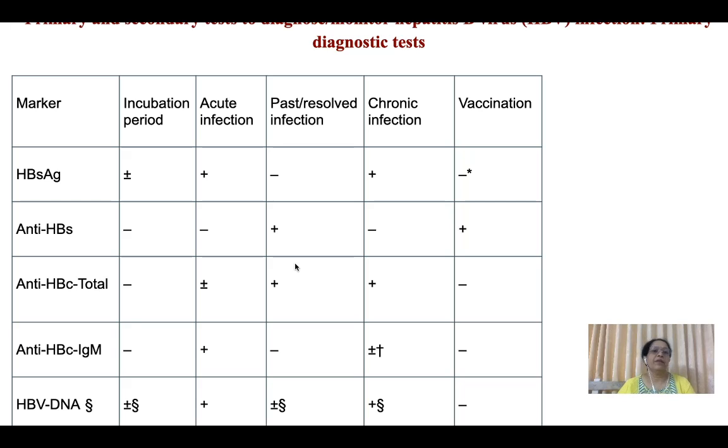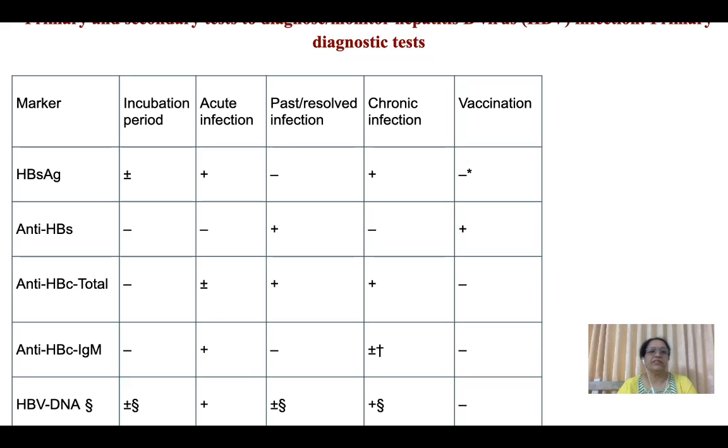Now here are the primary diagnostic tests which are used. In that, the markers are surface antigen as well as antibodies against it, then antibodies against core antigen, in that total antibodies and IgM antibodies, and lastly the DNA.